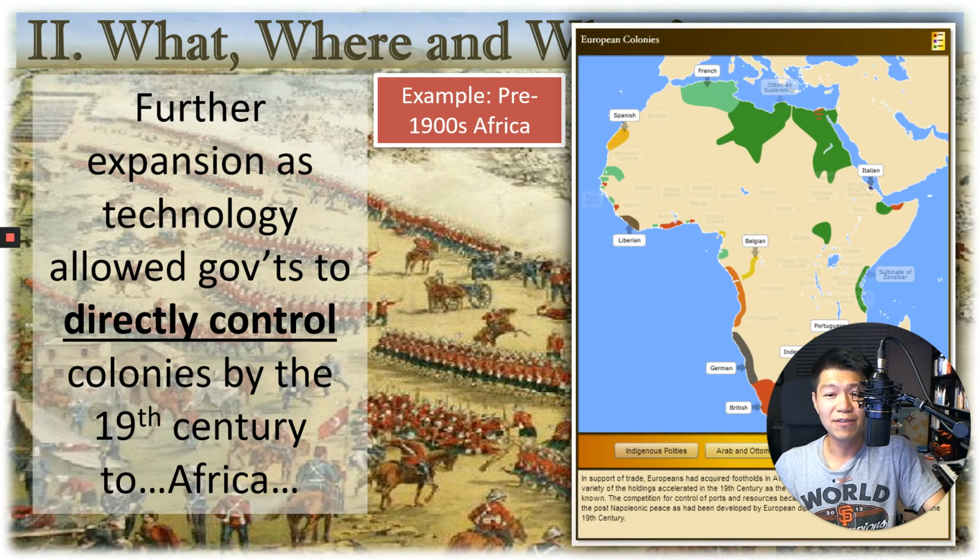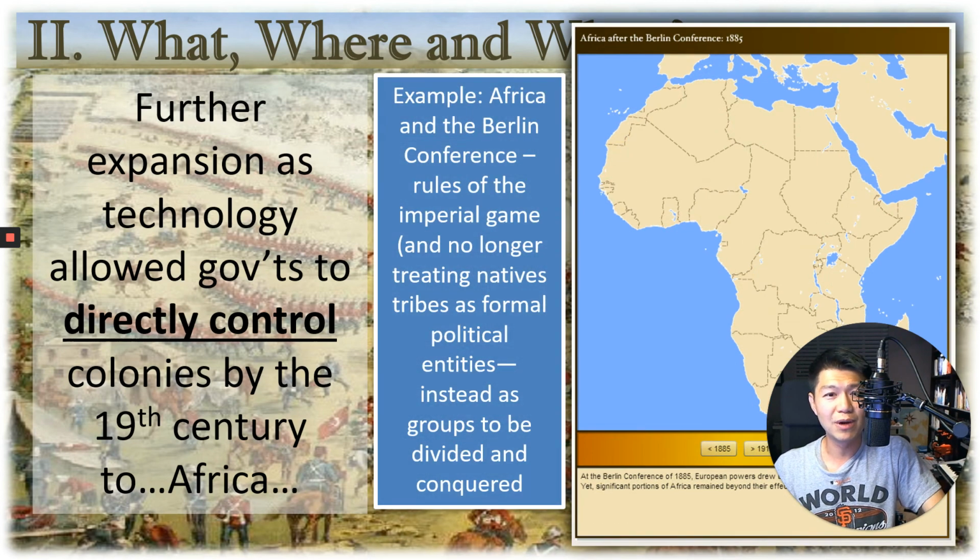Eventually, we have the coastal colonies that are established by European states. And with the Industrial Revolution, they are now capable of going further inland, enough so that they can create almost this imperial game of sorts, whereby they are working amongst themselves, like a board game, right? Where they're just simply taking over land from native peoples, and there's not too much that native peoples can do about it. They will do stuff. We'll get to that as a part of this lecture.